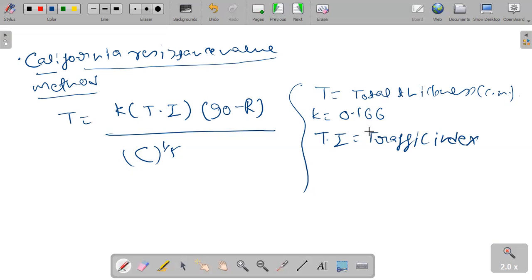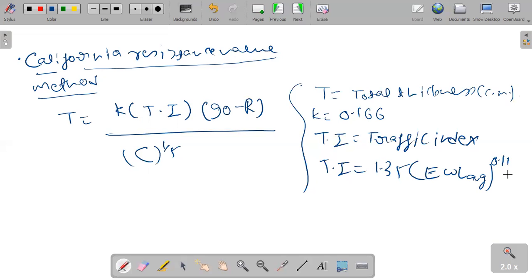Ti is equal to 1.35 into average equivalent wheel load, EWL, power 0.11.